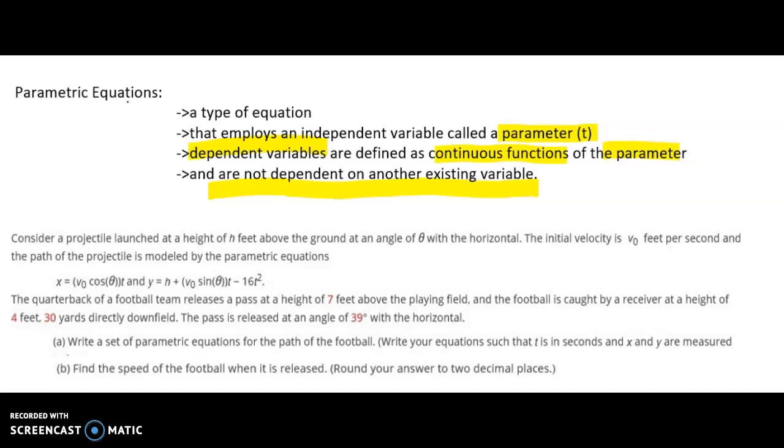So if you understand the basic structure of parametric equations, the type of question listed right here, though it seems a little overwhelming, is not that hard to deal with. So let's understand this question and get started.